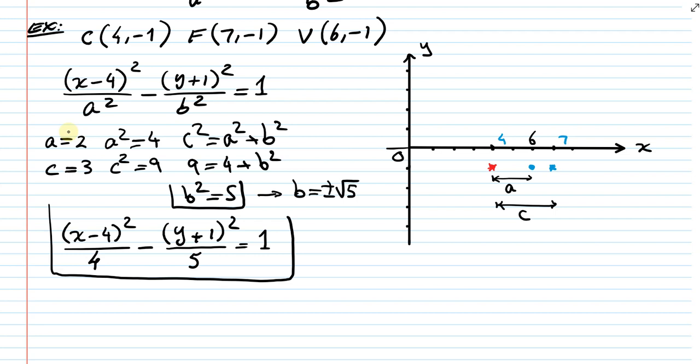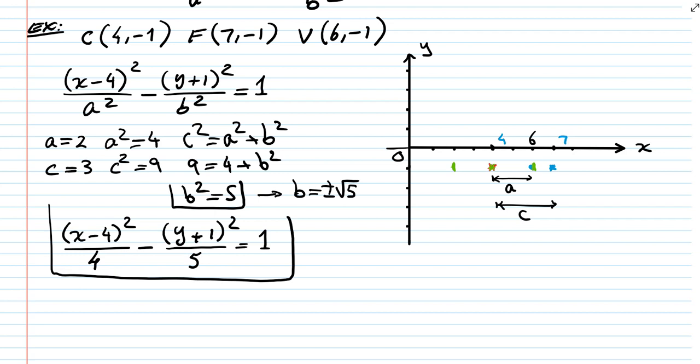In fact, let's do our fundamental rectangle here. So from the center, I go square root of 4, which is 2, to the right 2, left 2. Here's left 2 and here's right 2. Those are actually the vertices, right? And then square root of 5. Again, square root of 5 is about 2.2, right?